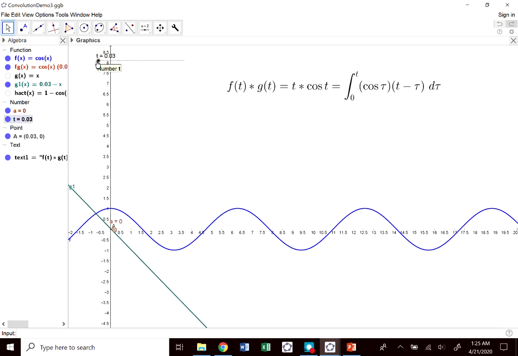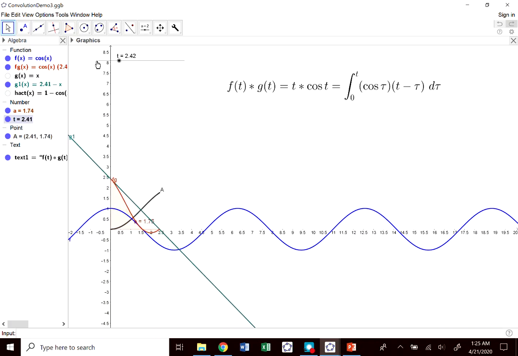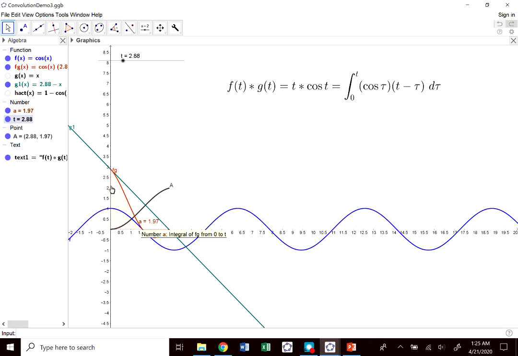If we increase time, then we are getting f times g. F times g, that means t minus tau times this cosine tau. So that graph looks like this.